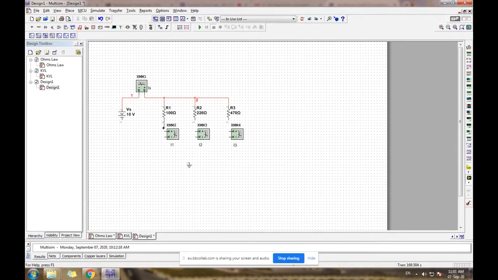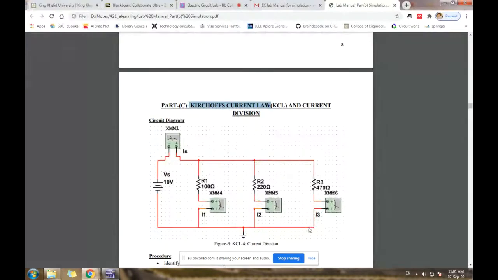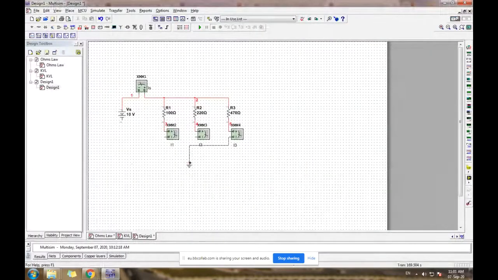And R1 is connected to the I1 multimeter. This is connected to the third multimeter. This is connected to the second multimeter. All of these are connected to the ground. You can move it down. This is connected to the ground. This is also connected to the ground. This is also connected to the ground.